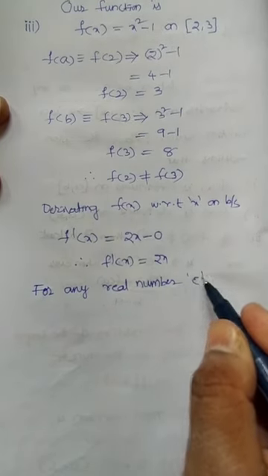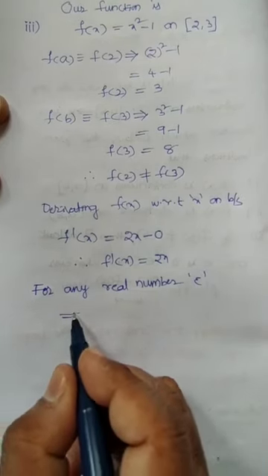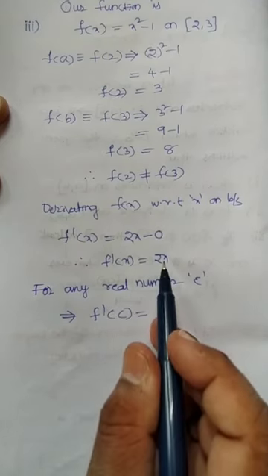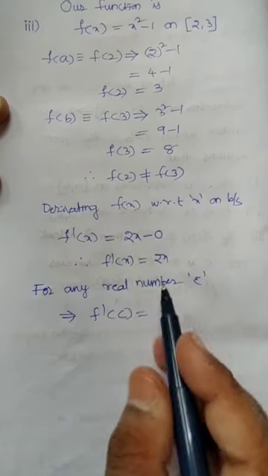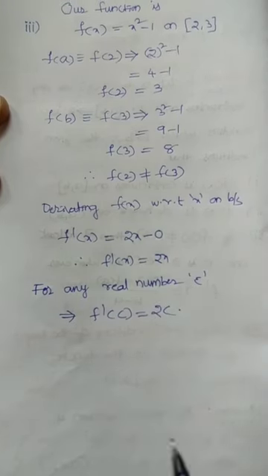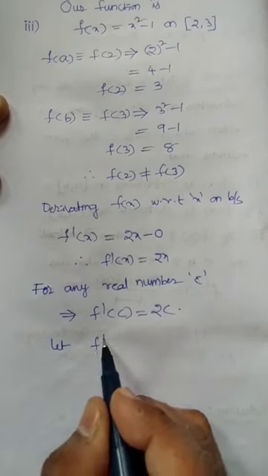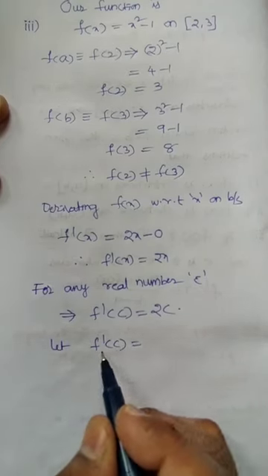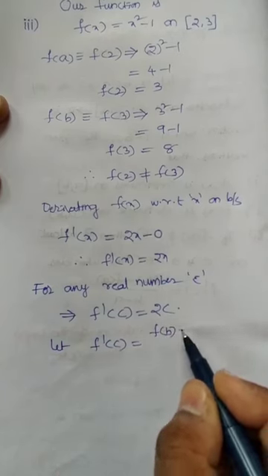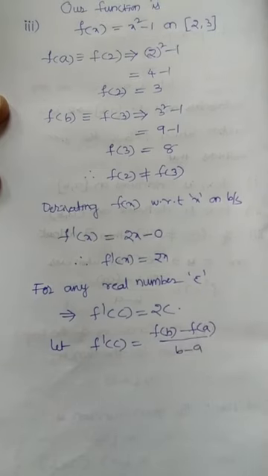For the given function, f dash of c, substituting c in place of x in f dash of x, is 2c. Now let f dash of c be equated to f of b minus f of a by b minus a.